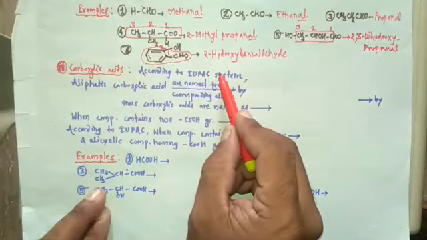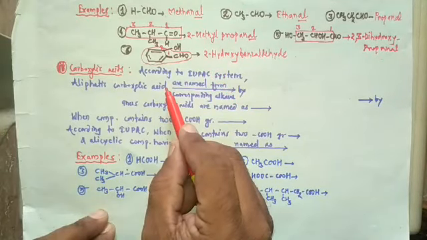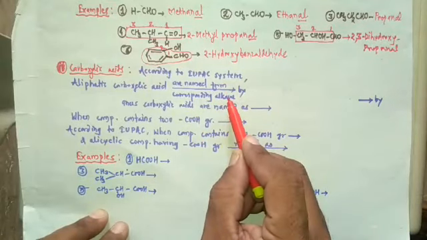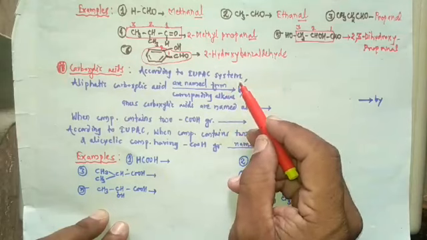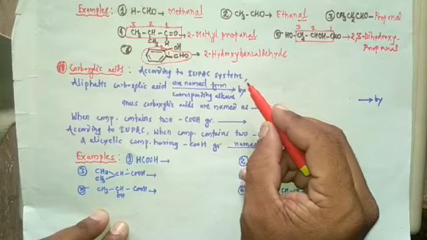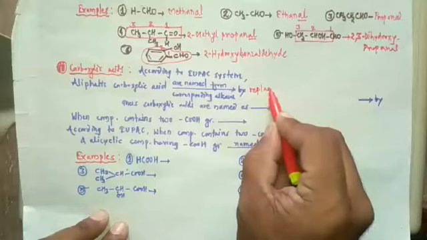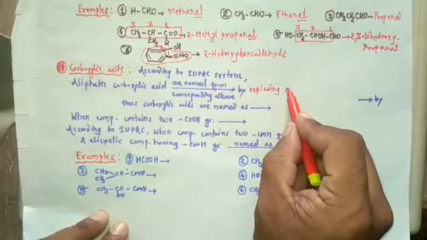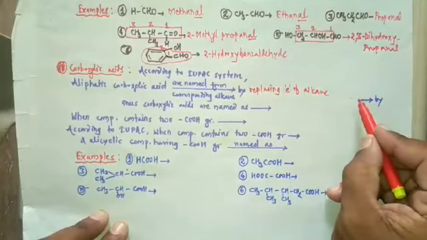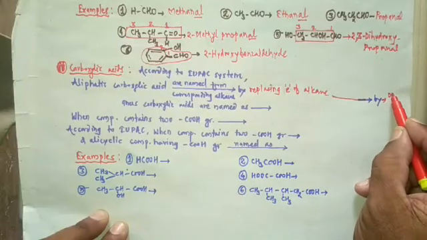According to the IUPAC system, aliphatic carboxylic acids are named from the corresponding alkane by replacing the final letter E of the parent alkane by the suffix oic acid.